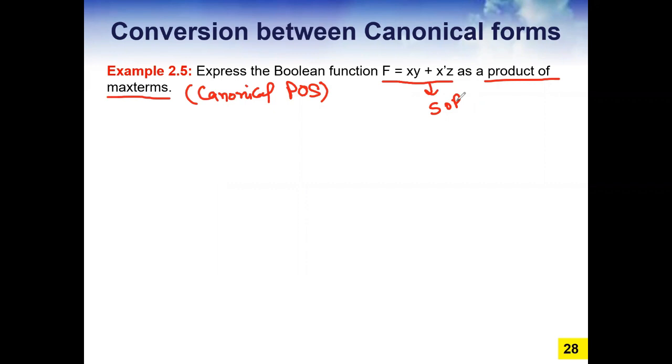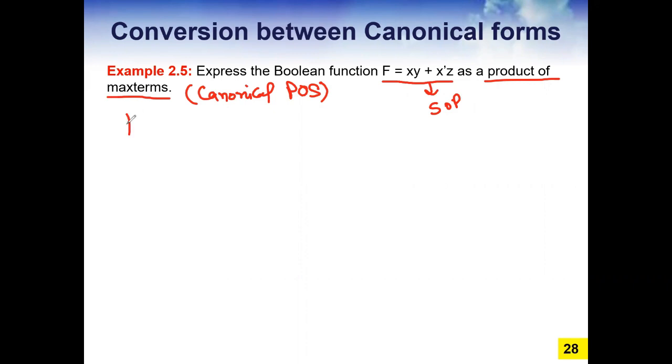So SOP is already there, that is, convert into canonical first. What I'm saying is, it is a standard form, right? So you have to convert into canonical form first, canonical SOP. So what is missing? You have to just convert accordingly.